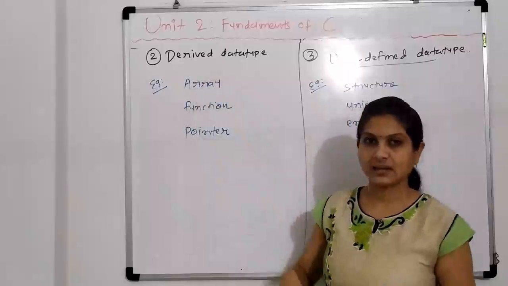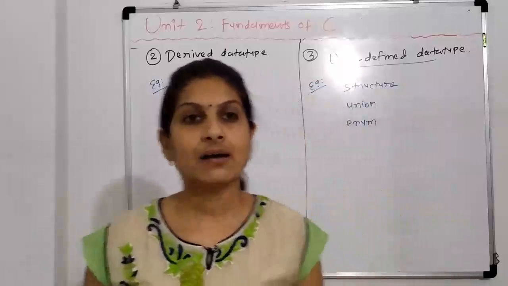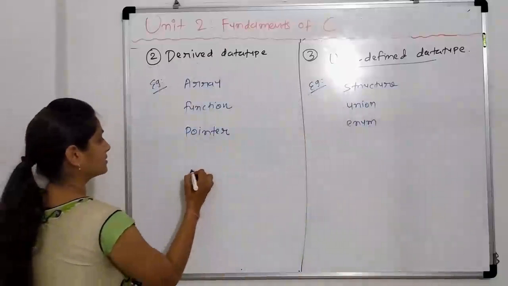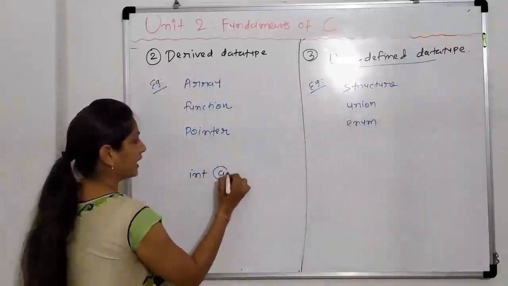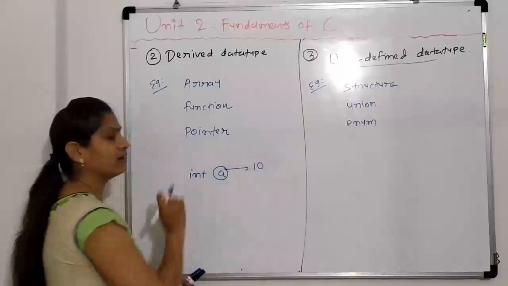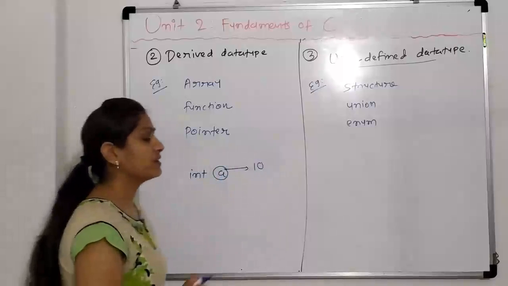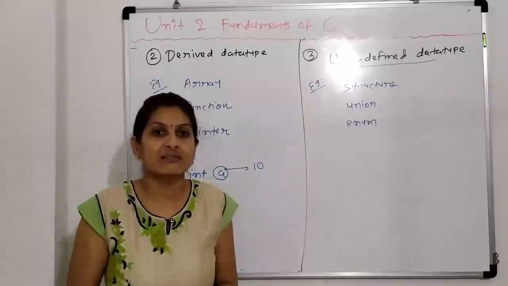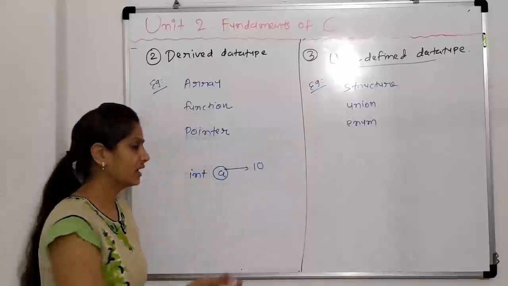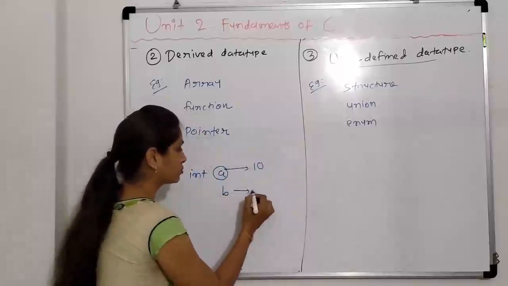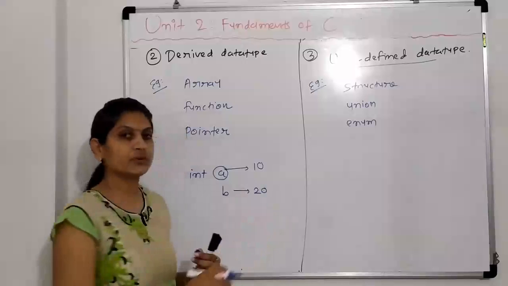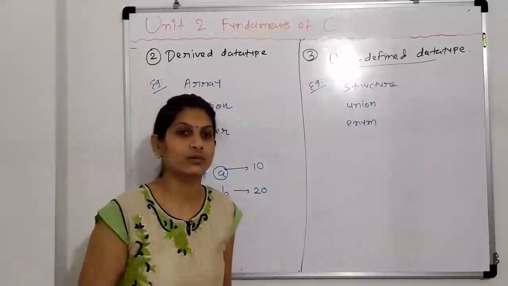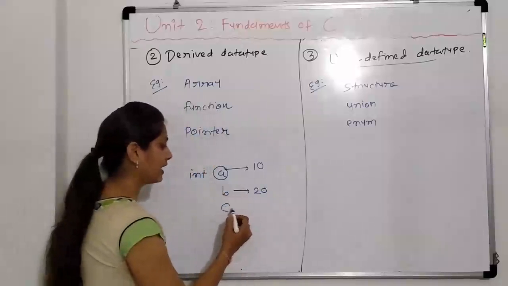Now what is an array? Suppose I am writing integer a, then a stores only a single value, 10. Suppose we want to store a second value, then you need another variable for it. Suppose you want to store a third value, then again you need a third variable.